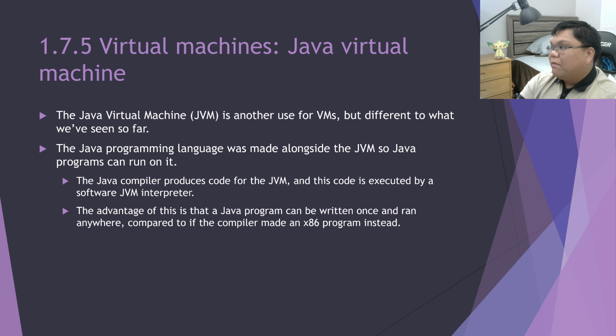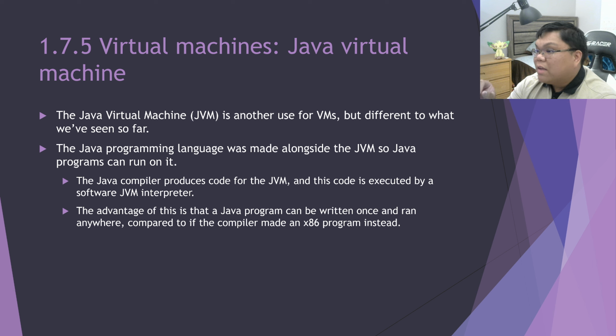And then there's the Java virtual machine. This is another use for virtual machines, but it's different from what we've been talking about so far. The Java programming language was made alongside the JVM so that Java programs can run on it. The Java compiler, as you might know, does not turn Java code into executable instructions.